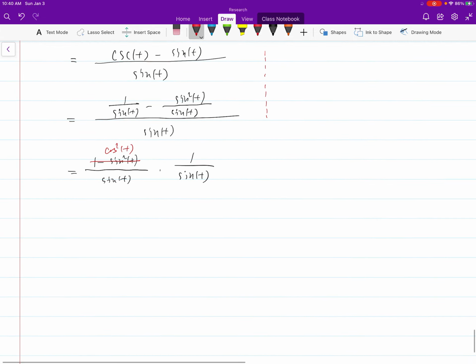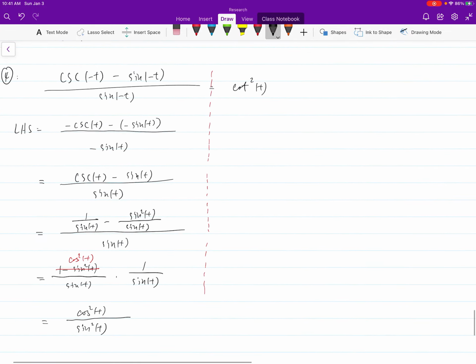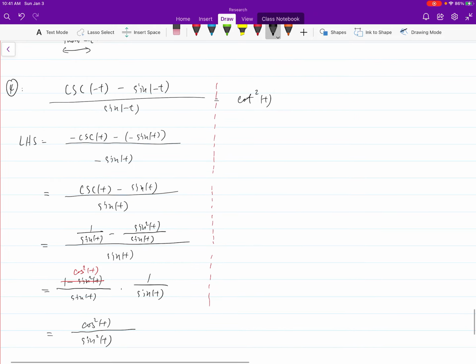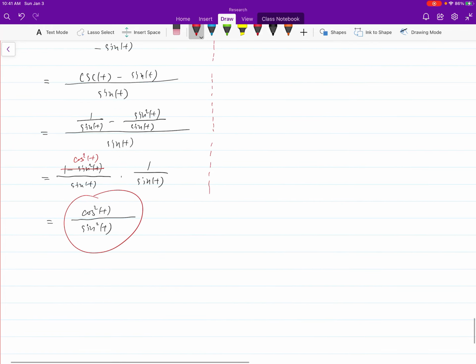Okay. Now what do you have? Trig identity. You can go further. Maybe necessary, maybe not necessary, but now look at the right-hand side.